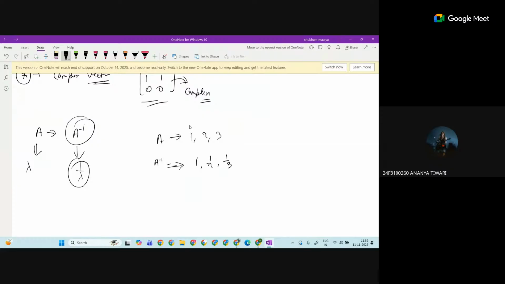They will be the same. Whatever the eigenvector is for A, the same eigenvector is going to be for A inverse. So eigenvectors are the same, but eigenvalues are slightly different. This is the beauty of A and A inverse matrices.